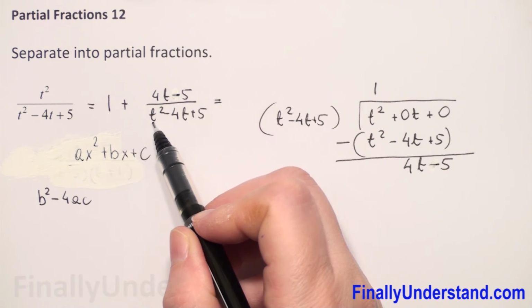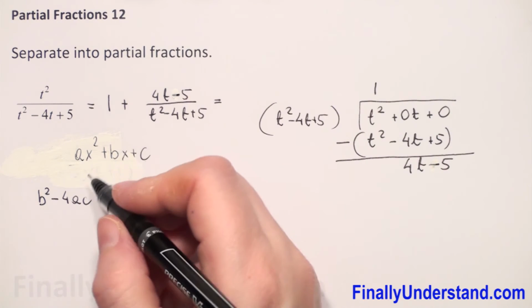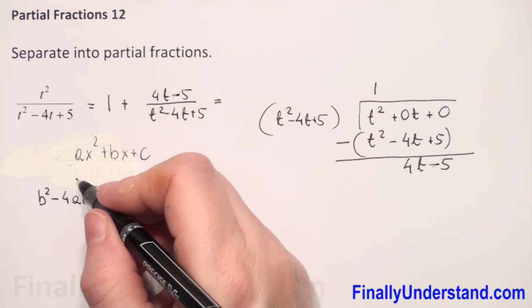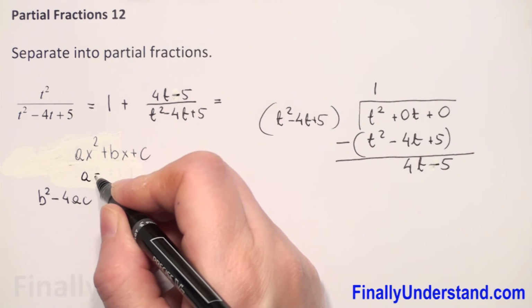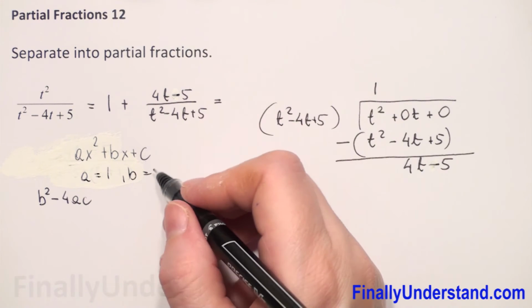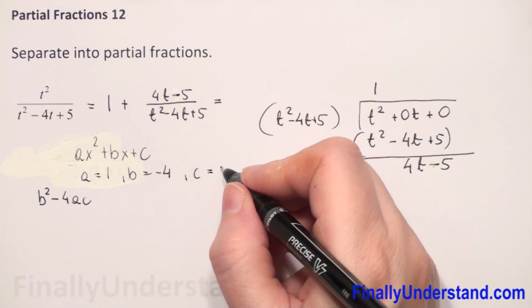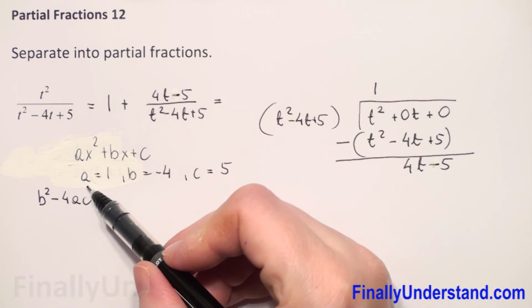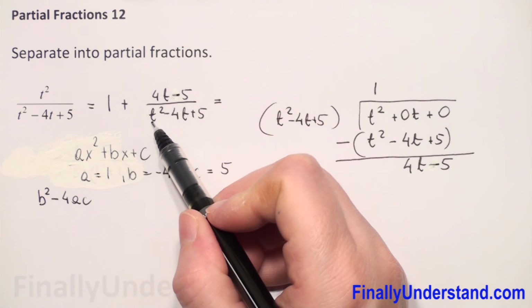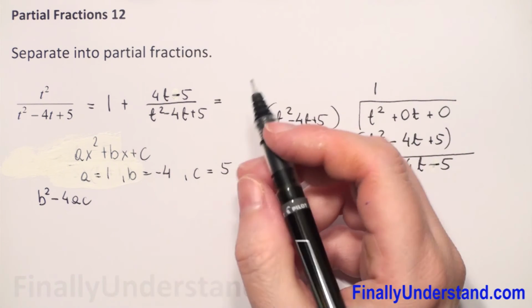So in our example we have the unknown t, and the coefficient before t squared is 1, an invisible 1, so we can write a equals 1, b equals the coefficient before t, which is negative 4, and c is the constant 5. One more time, a is the coefficient before t squared, b is the coefficient before t, and c is the constant.